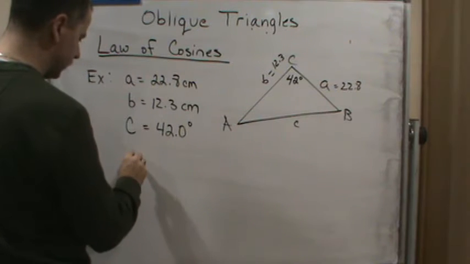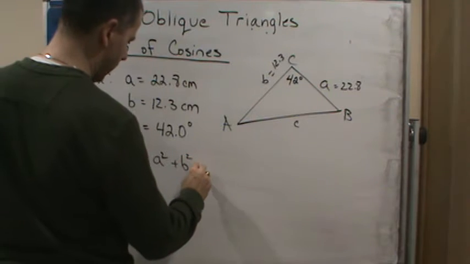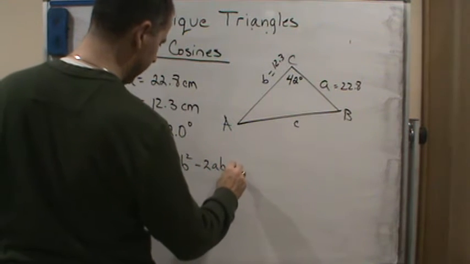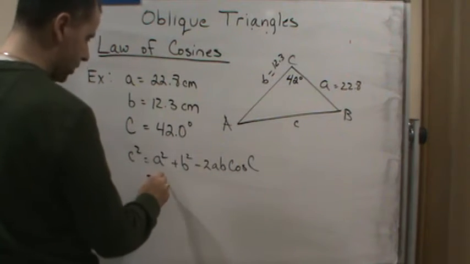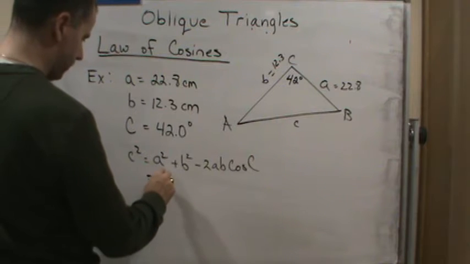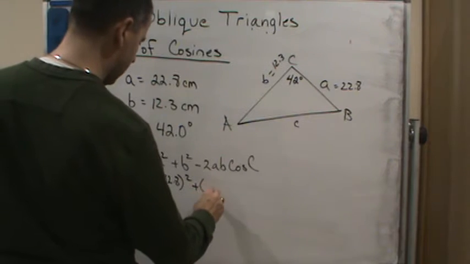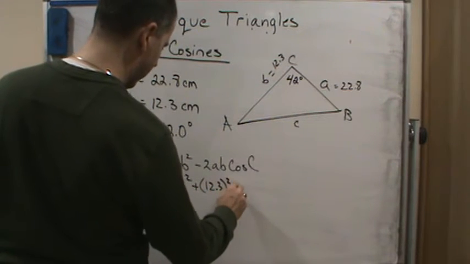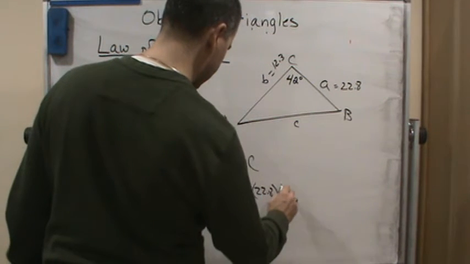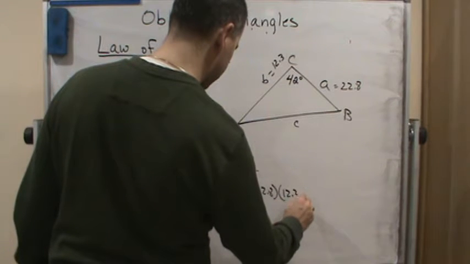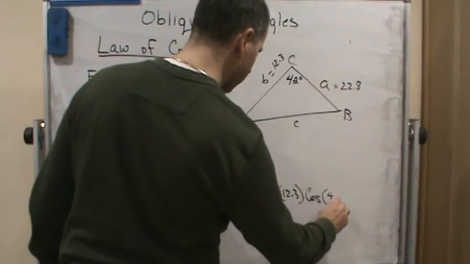Okay? So C squared is going to equal A squared plus B squared minus 2AB cosine C. And so we know all of this. So it just becomes what? 22.8 squared plus 12.3 squared minus 2 times 22.8 times 12.3 times the cosine of 42 degrees.